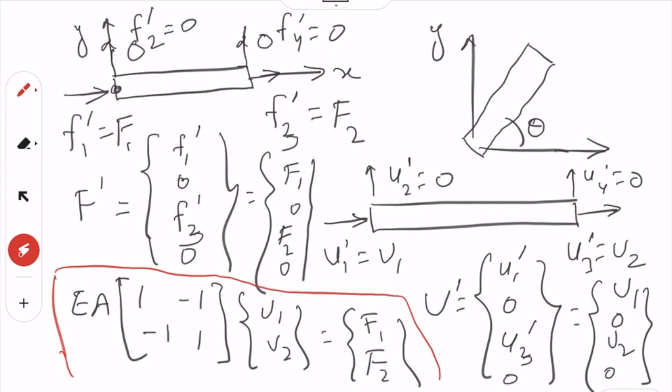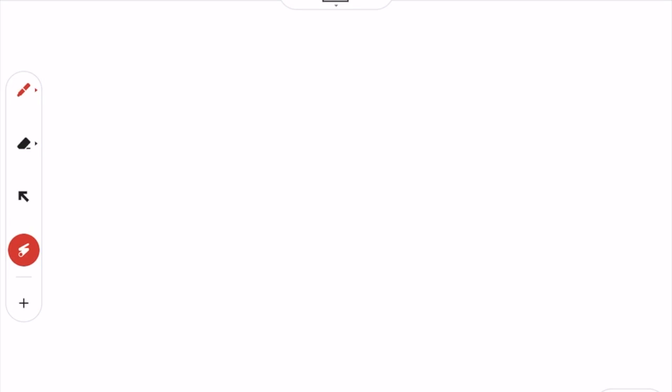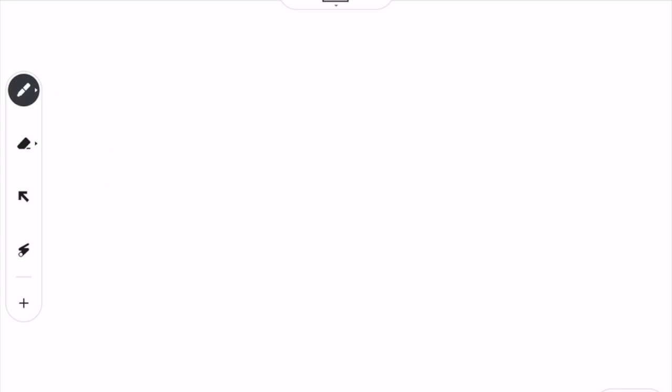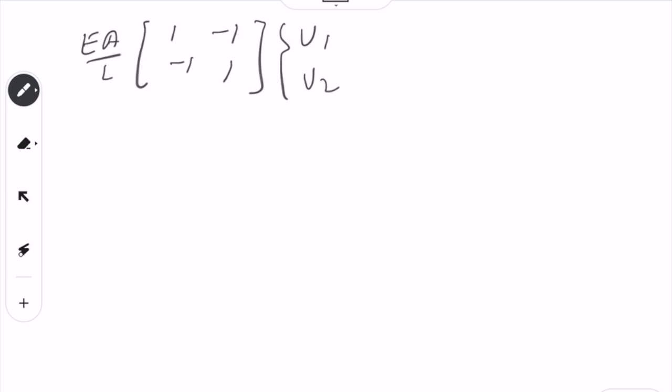Okay, so if we have force represented as this total 4 by 1 system, u as 4 by 1, so k has to be also 4 by 4 only, right? So we had a system, EA over L, 1 minus 1 minus 1 1, and then we had u1 u2 equal to f1 f2.